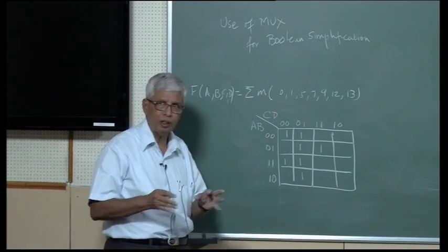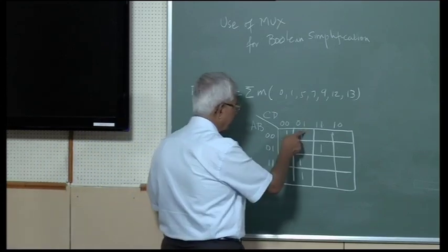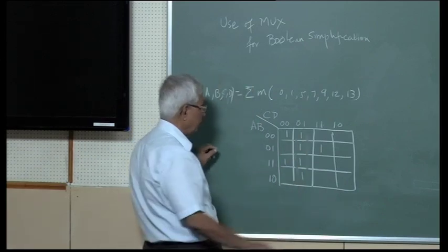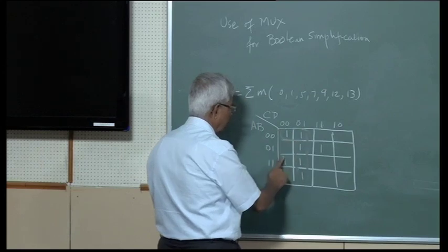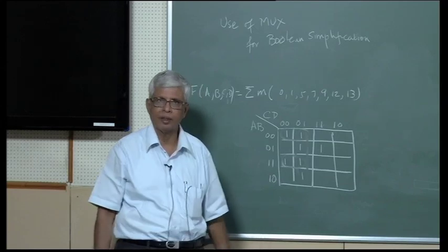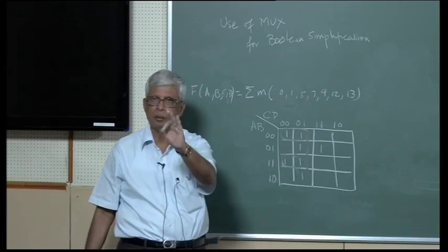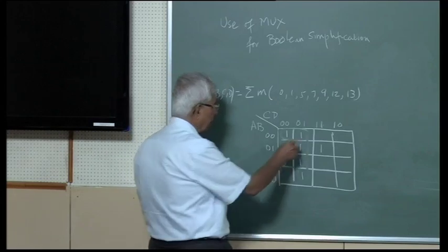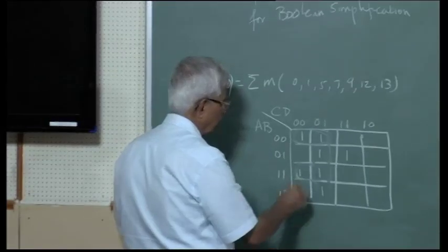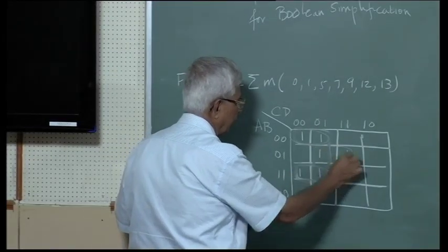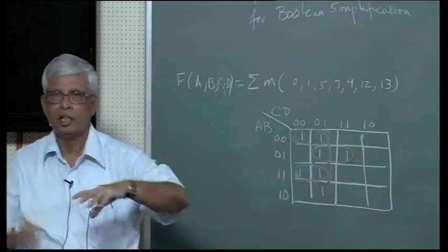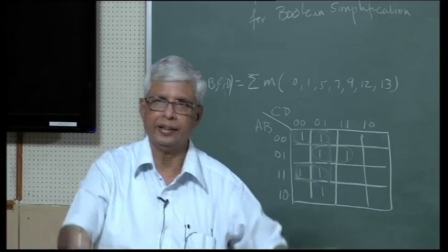Now, usually what you do? You try to make this as one prime implicant, and maybe this as one more and maybe this as one more. If I had not said use multiplexer, I would have written one prime implicant here, one here, one here, and maybe one here, 4 prime implicants, and written the corresponding terms, got the gates and connected them.